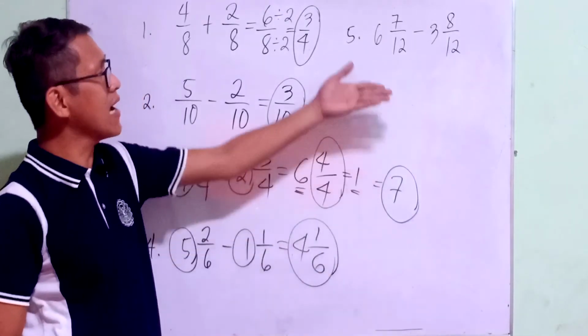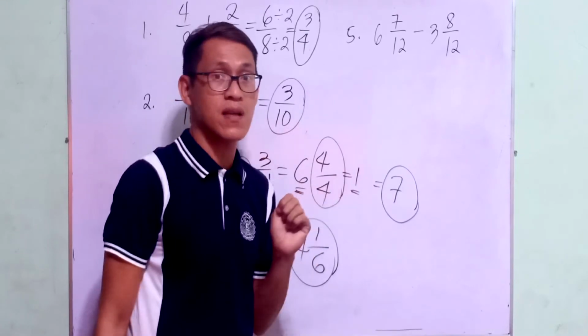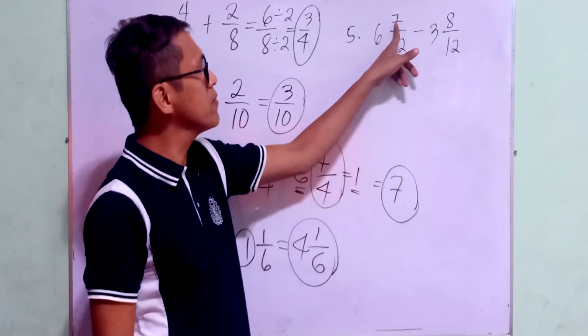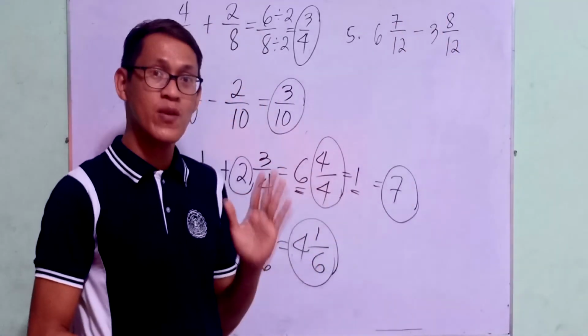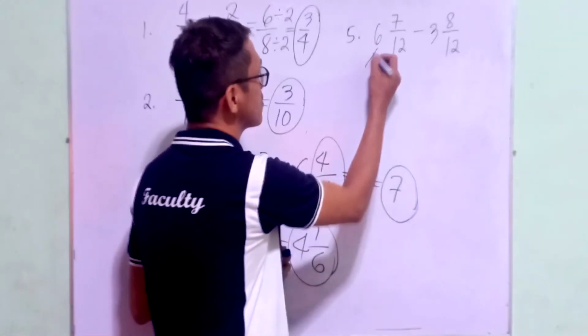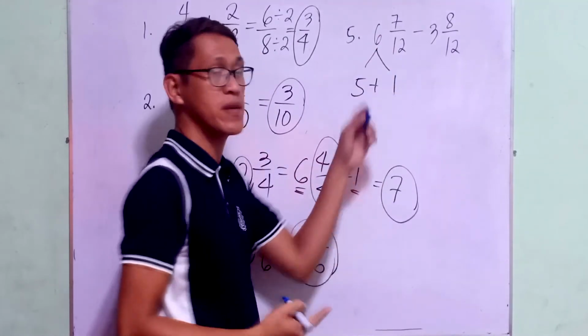Now let's have the last problem. 6 and 7/12 minus 3 and 8/12. Again, there is a problem here because 7 minus 8 cannot be. So again, what do we do? Yes, borrow 1 from 6. So let's split 6 into 1 and 5. 6 borrow 1 becomes 5.